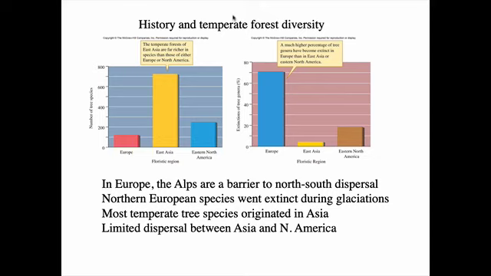Number two, North America is isolated by an ocean and a continent from the source of diversity in East Asia for forest species. You can't attribute that to area or favorableness. It's historical accident. So those are the big patterns that we think do most of the explanation of the pole to equator gradient.